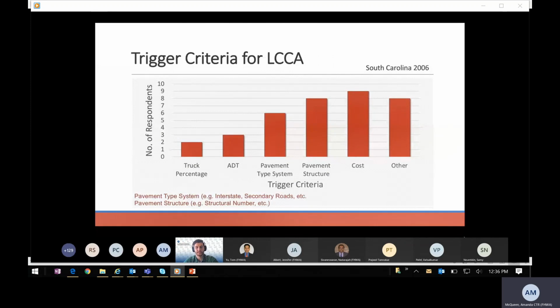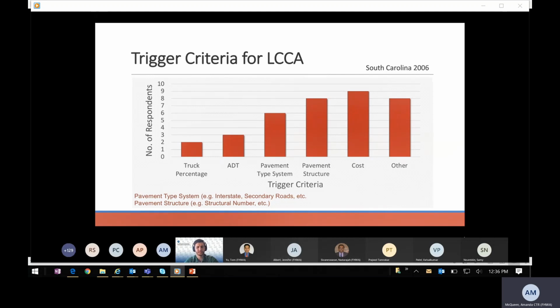The first aspect of LCCA that is of interest is the range of factors that trigger the requirement of LCCA for the pavement type selection process. All trigger criteria mentioned here in the slide could be in step 0, as was discussed previously in slide 7. We can see that trigger criteria from South Carolina 2006 include truck percentage, average daily traffic, pavement type system, structure, and cost, which is the highest reported trigger at this point.